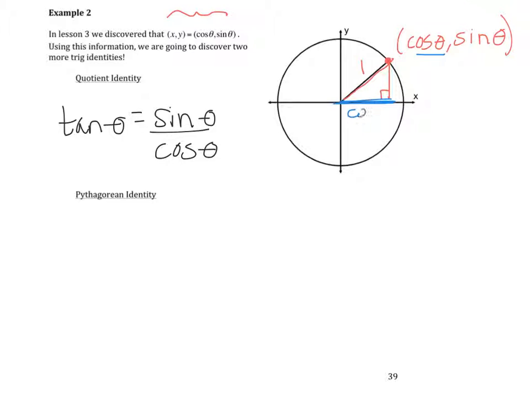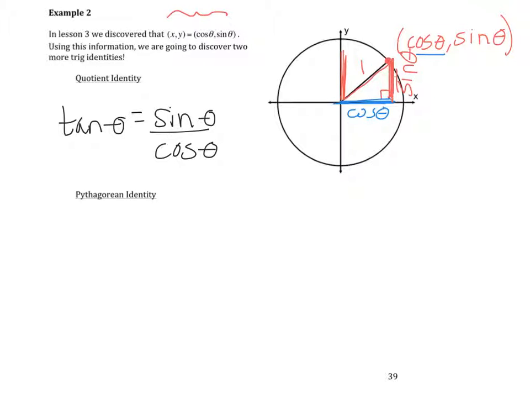And we can label it as cosine of theta. That's the horizontal distance. The other distance is right here, which is the vertical distance. We are going to label it, and it runs alongside or parallel to y. That is sine of theta.